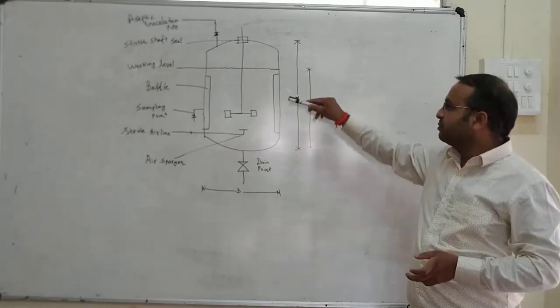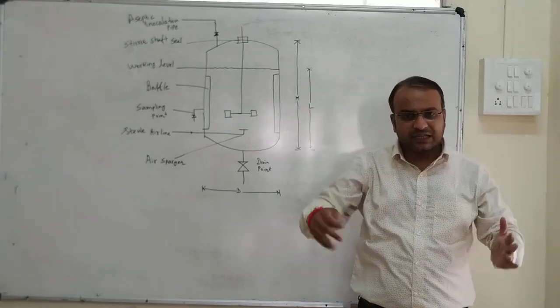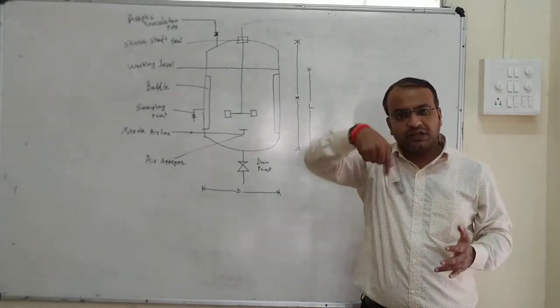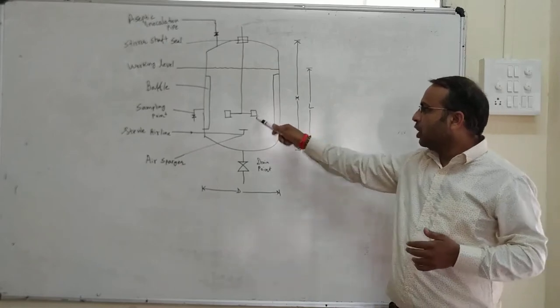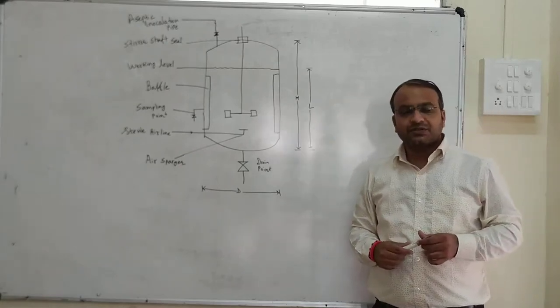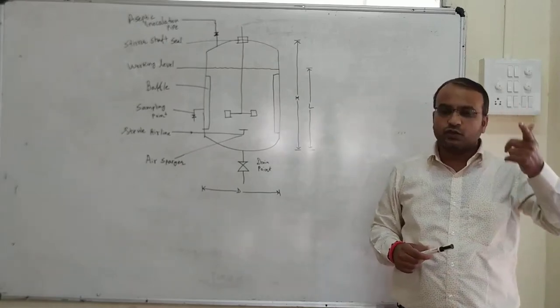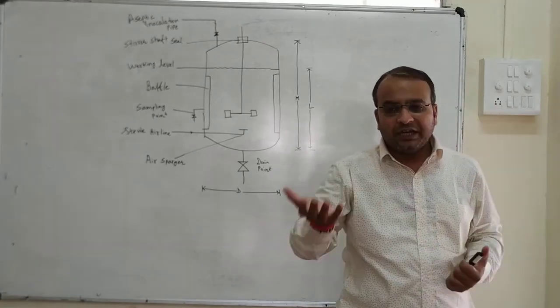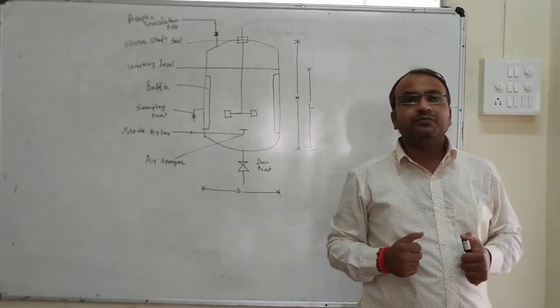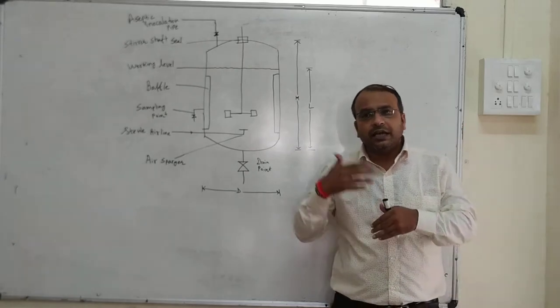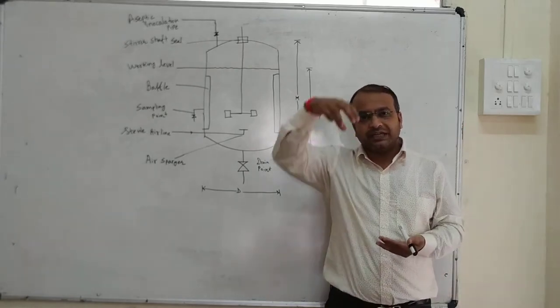So there is a provision of a stirrer. One vessel is there, and a stirrer continuously mixes all these ingredients. Whenever we keep the flask in the shaker, all ingredients are mixed, and aeration is provided because there is a cotton plug in the flask.